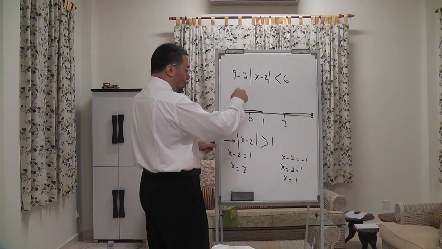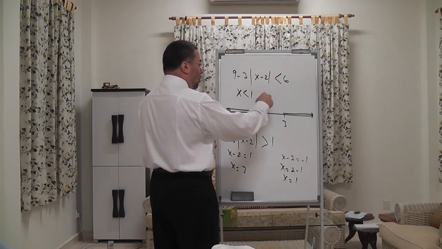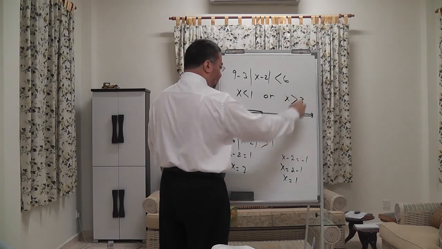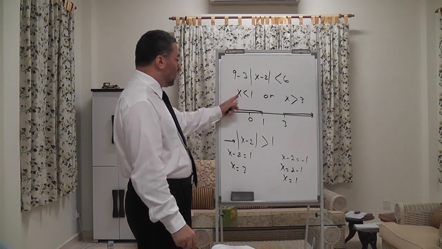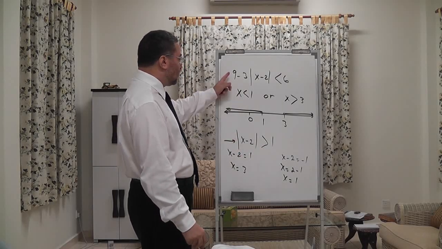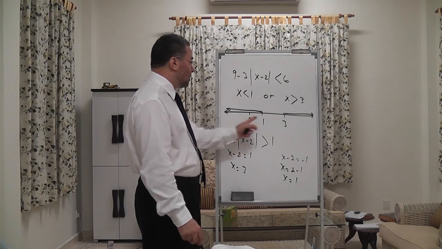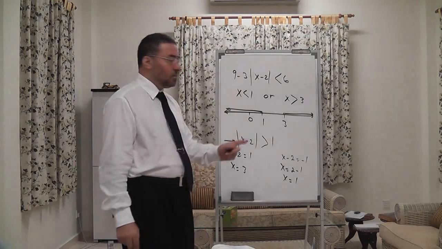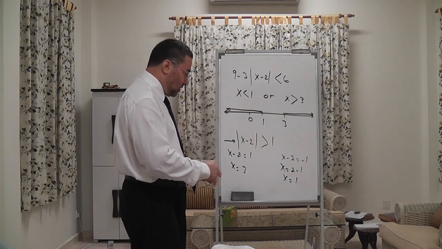And the solution is written as such: x less than 1, or this is a disjunction, x more than 3, since we are solving this inequality. So the answer to this inequality is the answer to this inequality, and you can try values in this region, here and here, and they should give you a true statement. And if you try a value in this region, it should give you a false statement.